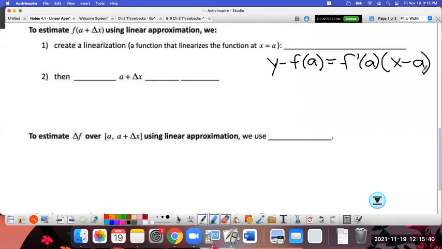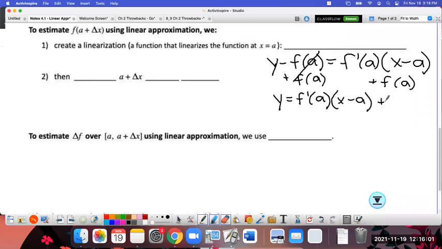And remember, we're approximating that output or approximating that y value. So I'm going to solve for y by moving that f of a to the other side. We get y equals f prime of a times x minus a plus f of a.